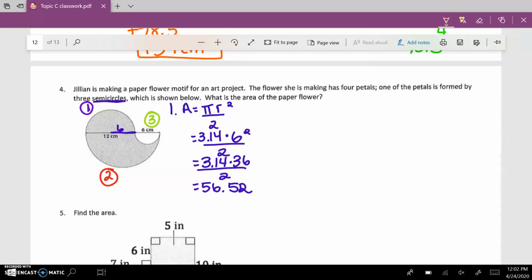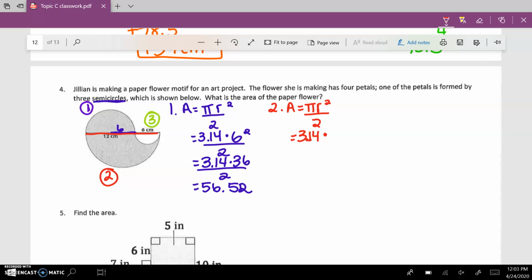Number 2 here, I've got another semicircle. So A equals pi r squared divided by 2. I'm going to use 3.14. Whatever you use for pi, just keep it consistent, and it doesn't matter if they don't give you a specific one. So number 2 is technically going, like the diameter would be going all the way across here, which I did in red.